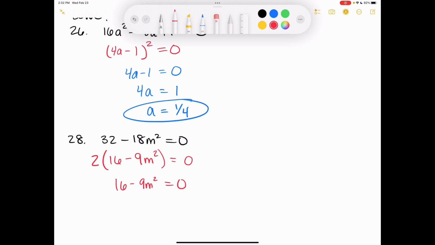Okay, trinomial, tri means 3 pieces, so if there's not 3 pieces, it can't be a perfect square trinomial. So if this is a difference of squares, what does this factor into?